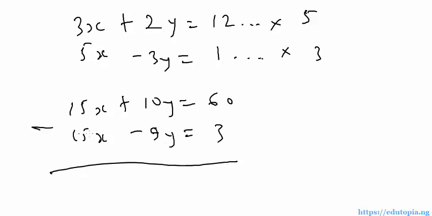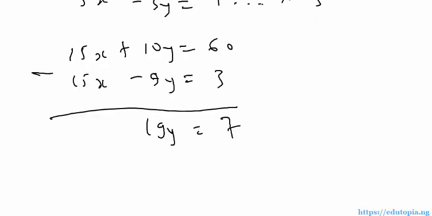For this case, we're going to be subtracting. 10y minus minus 9y is 10y plus 9y, which will give you 19y, and 15 minus 15 will give you 0. Then 60 minus 3 will give you 57. So you have y equals 57 divided by 19, which will give you 3.